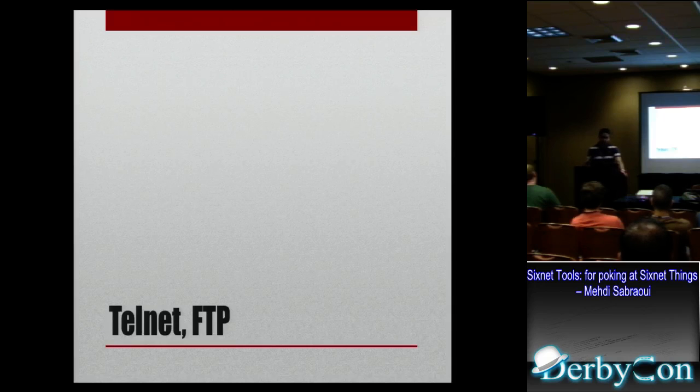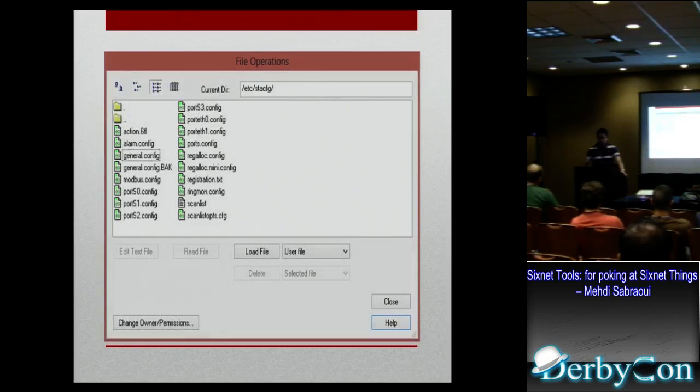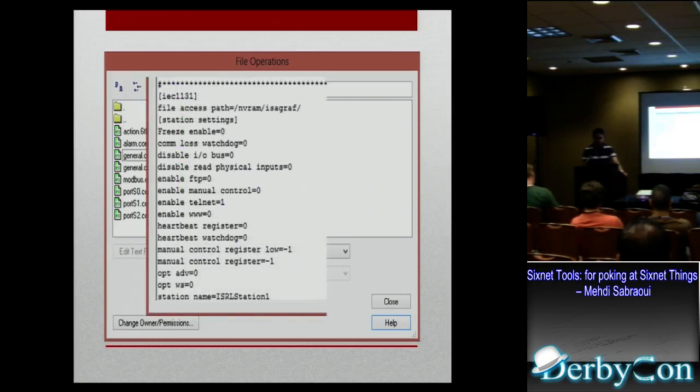I found that you can access the underlying file system from the HMI using Sixnet's Universal Protocol, which is a totally valid feature. It makes sense. I mean, this is running on Linux 2.6 after all. So after poking around a little bit, I found a general config file. It's right here. This is in the file system of the device itself. Opening up that general config, you'll see enable FTP equals 0, enable telnet equals 1.